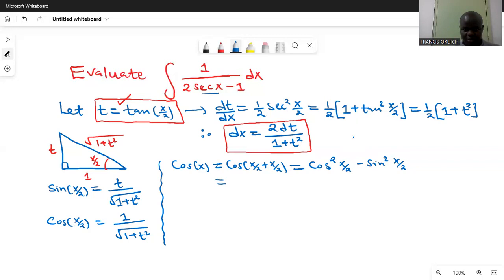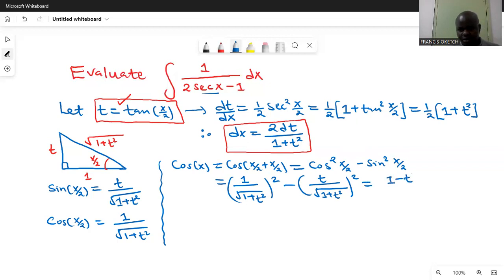So when I replace, you square cos x over 2, that will give us, let me write it, 1 over the square root of 1 plus t squared. This one should be squared, then subtract t over the square root of 1 plus t squared. This also squared. So when you simplify this, we are going to get 1 minus t squared over 1 plus t squared. So that is cos x.